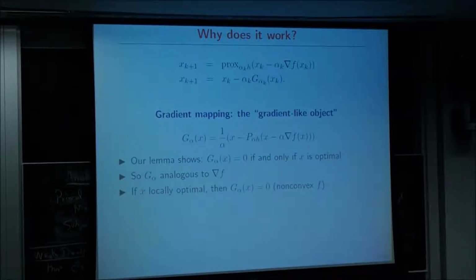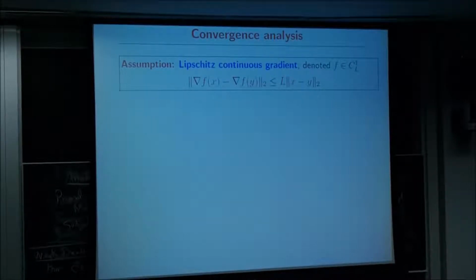And you might meet one of these analyses on your homework to see how much of this stuff carries through in the non-convex setup. Okay, I think I'm going a little too slow, so let me gradually speed up just to tell you how a standard convergence analysis of these proximal methods looks.